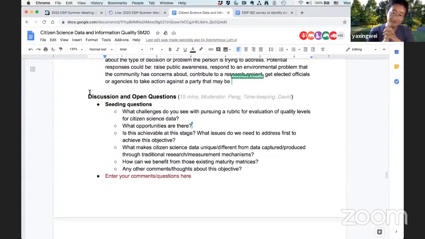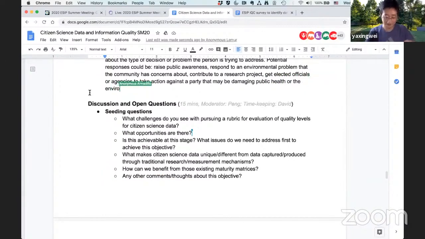And one way to do that is to come up with a series of quality levels, or you can call them tags, that we can associate with different citizen science data products, and also a rubric or a matrix to evaluate the citizen science data to come up with the quality levels.